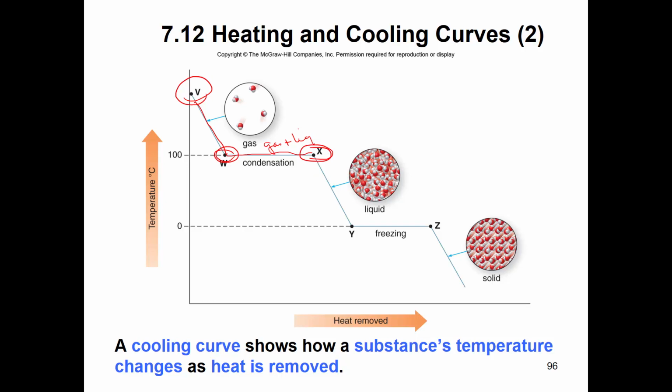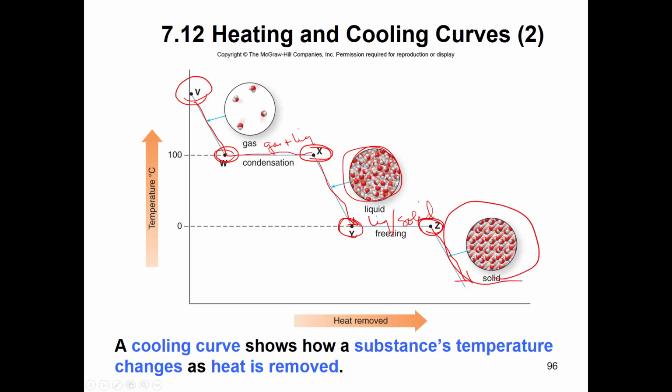And then I can remove more heat, put it in the refrigerator, and then it's going to be all liquid until it hits the freezing point. And then I'm going to have liquid and solid until all of it is converted to solid, and then it can actually be lower than that and remain a solid.